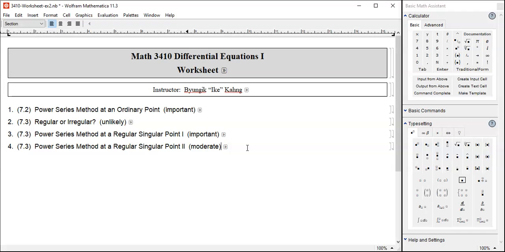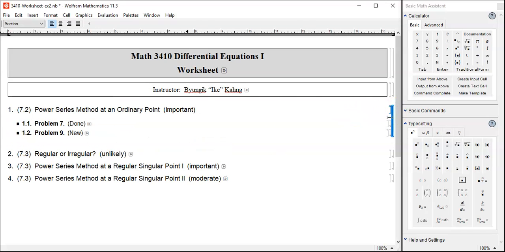Basically, I'm going to throw all those out of the window because this is not a lesson. If this had been a lesson, I'd be covering pretty much everything, but this is a review session for the exams, so I'm going to focus on the two most important topics, two simplest topics rather. So ordinary point, number 1, and the regular singular point of type 1, that's number 2.